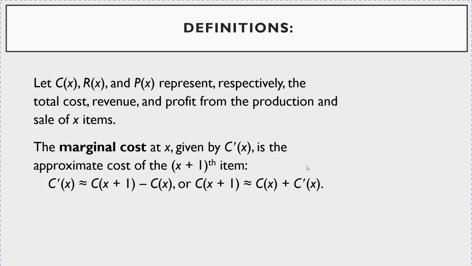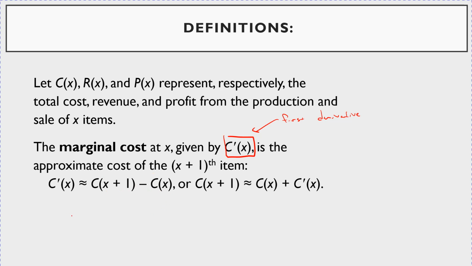The marginal cost at some value x, so at producing and selling x units, is given by c prime of x. So it's the first derivative. This is the approximate cost of producing the x plus 1 item. Another way you could look at it is the rate of change: the marginal cost of producing that item is the cost to produce the x plus 1 item minus the cost of producing x items.